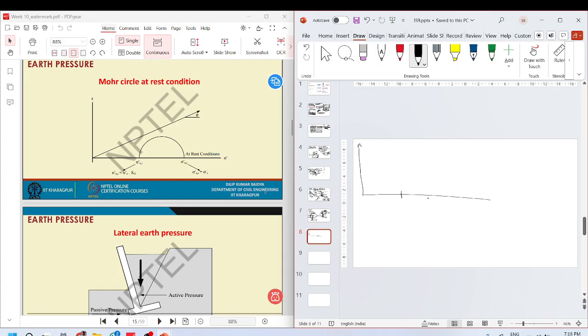At rest, let us say I take a sample, this will be the sigma v, this will be the sigma h. And sigma h over sigma v is your Ka or Kp.